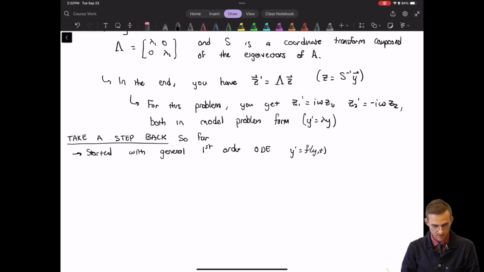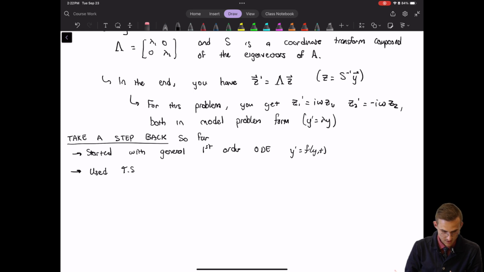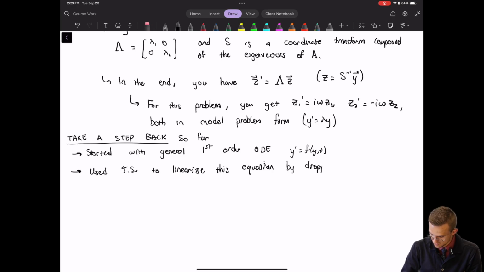Then we used Taylor series to linearize this equation by dropping second order and higher terms.